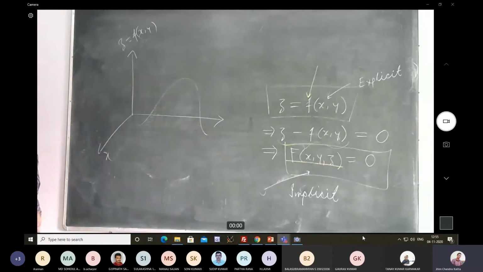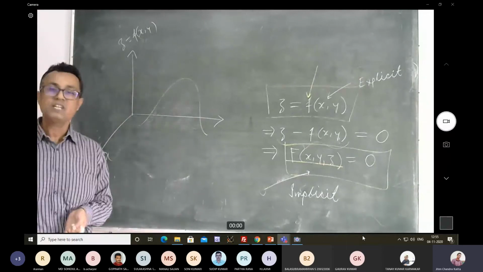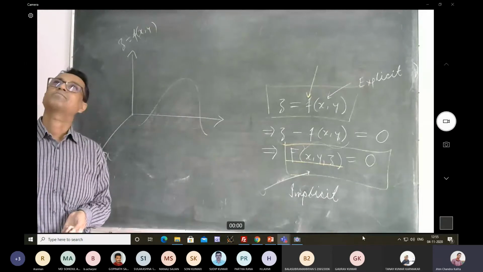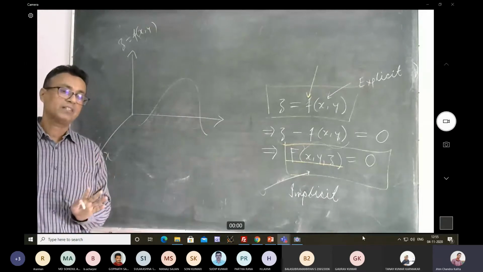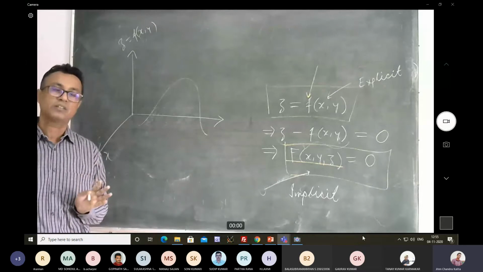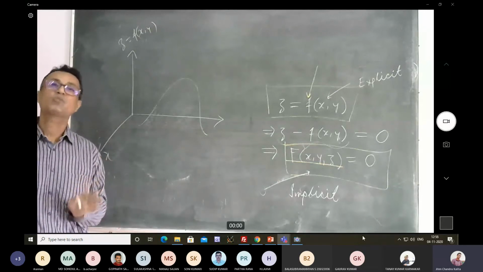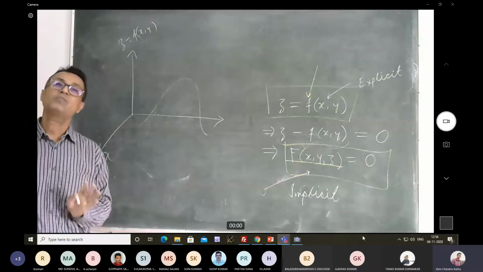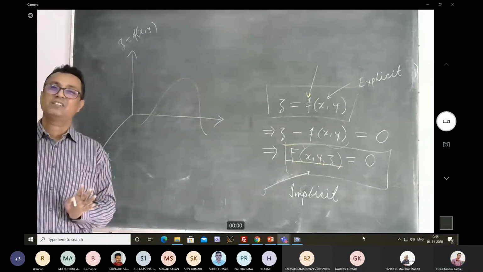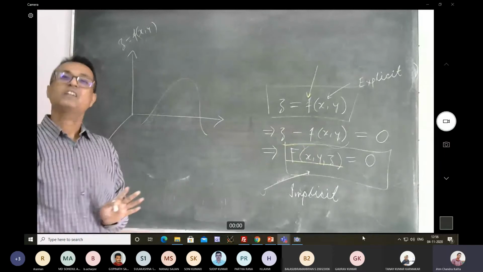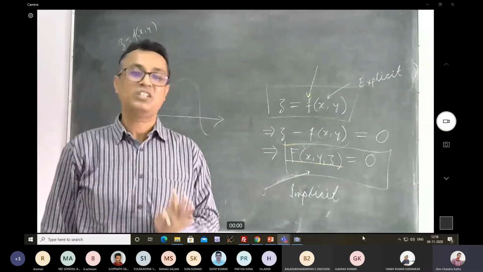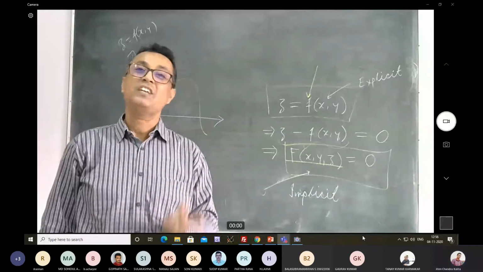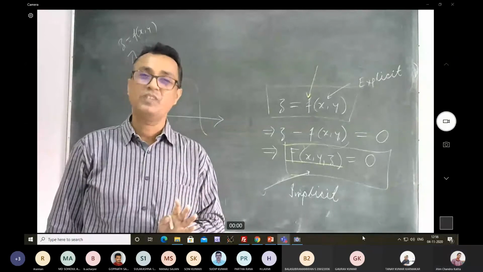You can visualize the graph of a function only up to a surface, isn't it?